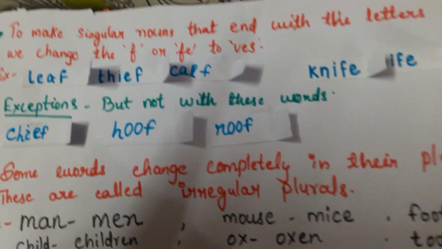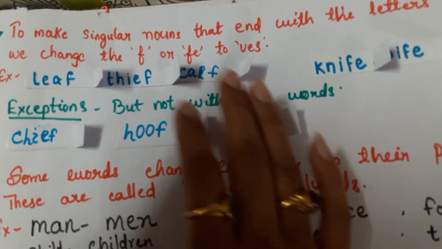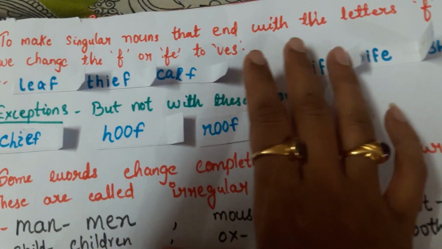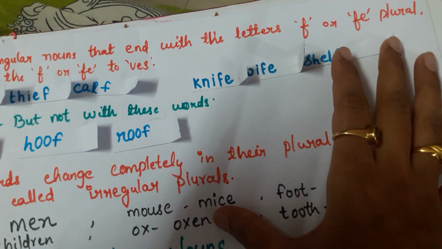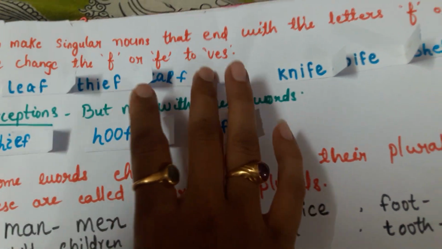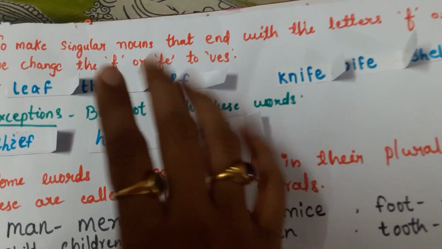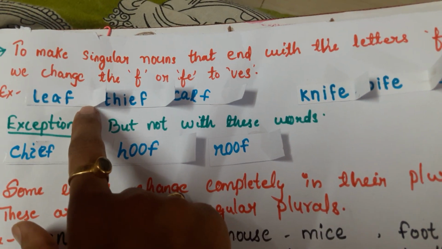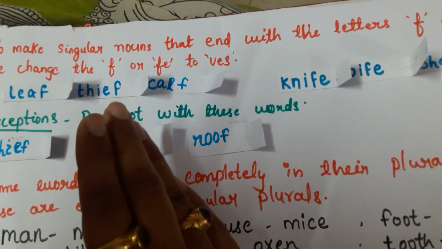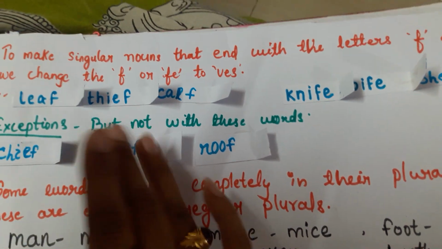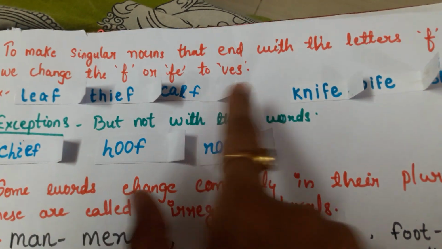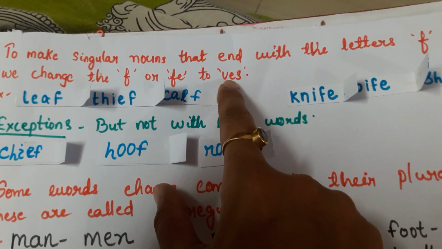Okay, now let us move ahead with another rule. To make singular nouns that end with the letters f or fe plural, we change the f or fe to ves. So if the words end with f or fe and we need to change these singular nouns into plural, we remove the f or fe and add ves to it.